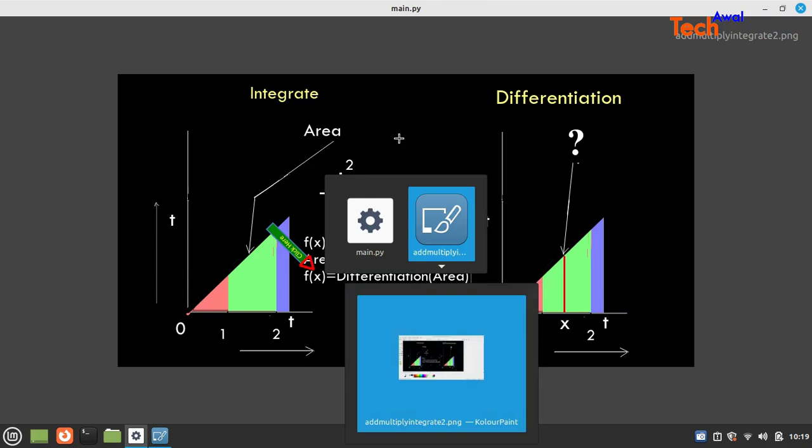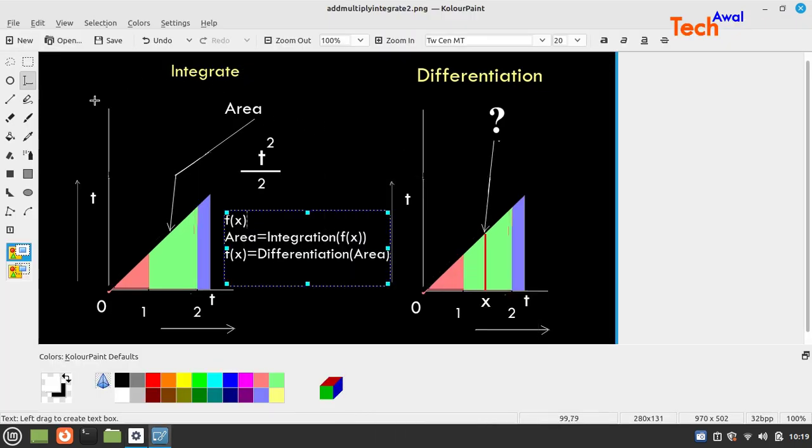So here the question mark is t. So the equation of this slant line is t.